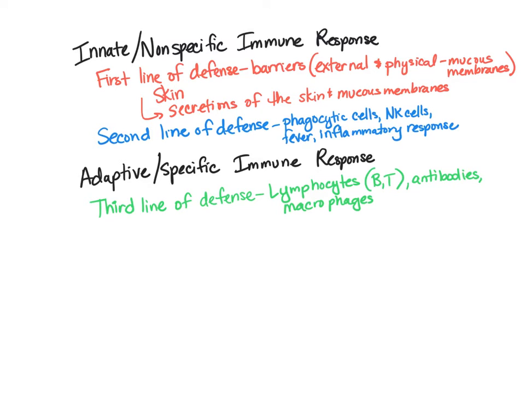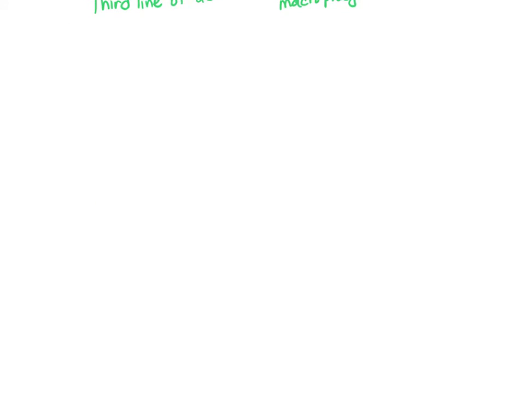So these are 3 different lines of defense, and by saying lines of defense, we really do mean that once something has breached the first line, then we go to the second line of defense. Then if the second line of defense isn't working, we're moving into the third line of defense. And so let's take a closer look at our first line of defense.